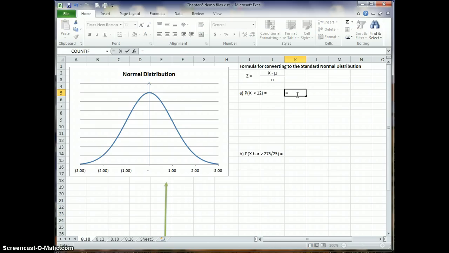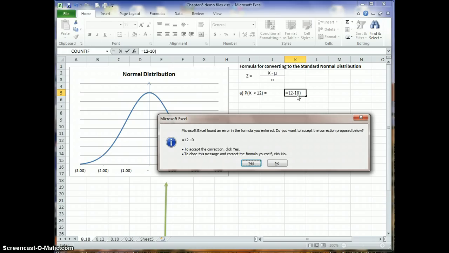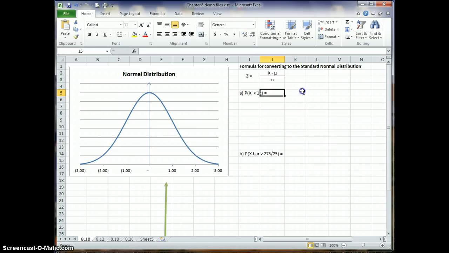It's equal to (12 minus 10) divided by 3, so it's basically 2 divided by 3, which is going to give us 0.66667, and I'm just going to simplify that to 2 decimal points, 0.67.